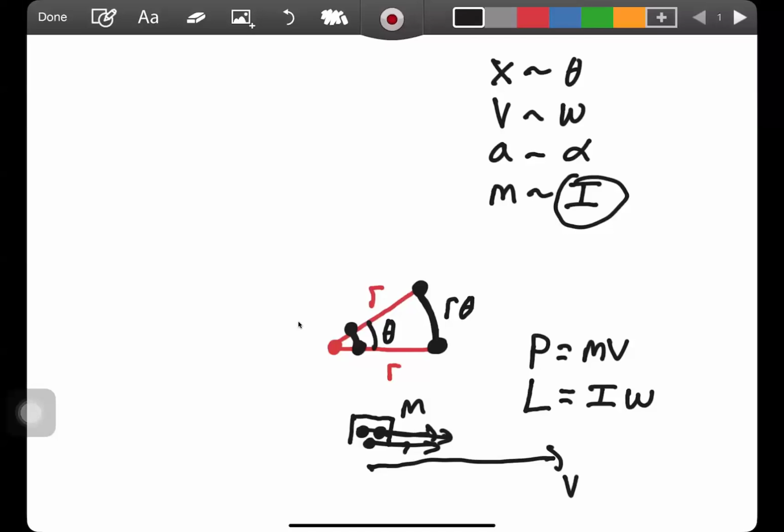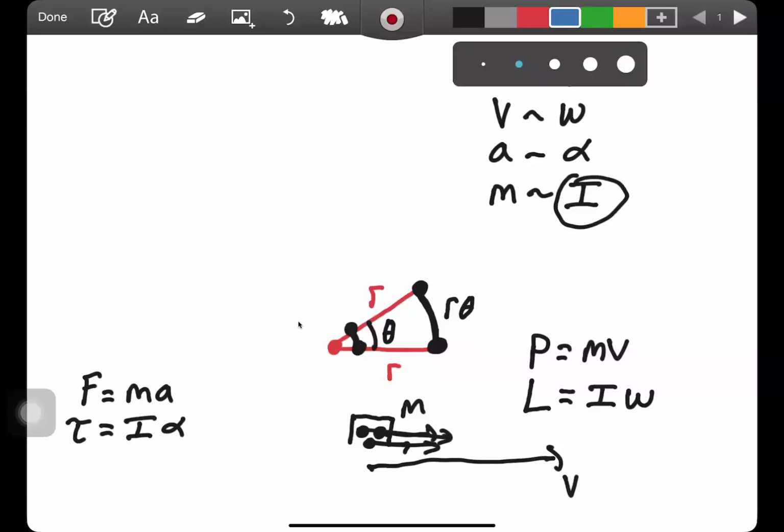Similarly, force equals mass times acceleration. Well, in the rotational sense, torque equals I, where I now is the rotational analog for linear mass. Same concept, inertia. It's just we're dealing with rotation now. And now where I see an a, I can put an alpha.